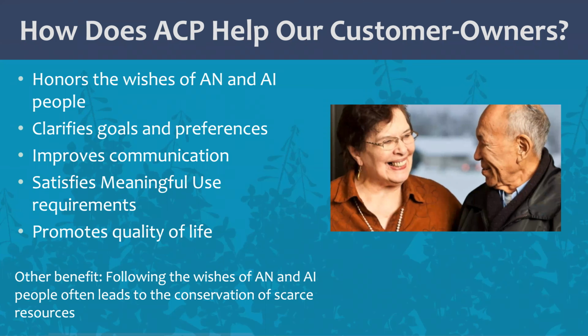And that's where that last point comes in, just to say that when we follow people's goals of care or their wishes, it often leads to less medicalization. So we're spending tons and tons of money at the very end of life, when oftentimes it is not aligned with the goals of our customer owners. And so that's another reason why advanced care planning is important. Next slide.